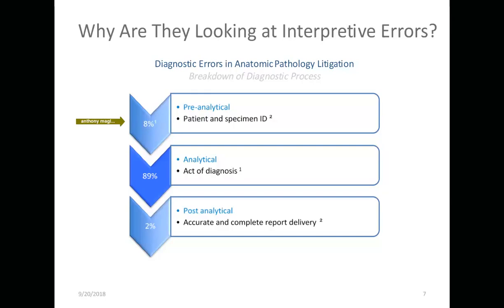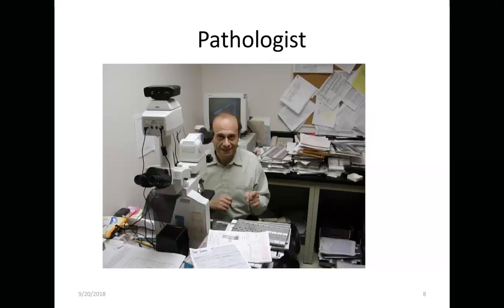In the post-analytical area, this is where a lot of scrutiny hasn't really been given, but in this area, things can occur in terms of, is the pathologist interpreting the specimen correctly? Are they trained to interpret the specimen? Or is there an error in diagnostic judgment? So errors can also occur in that particular area of diagnosis.